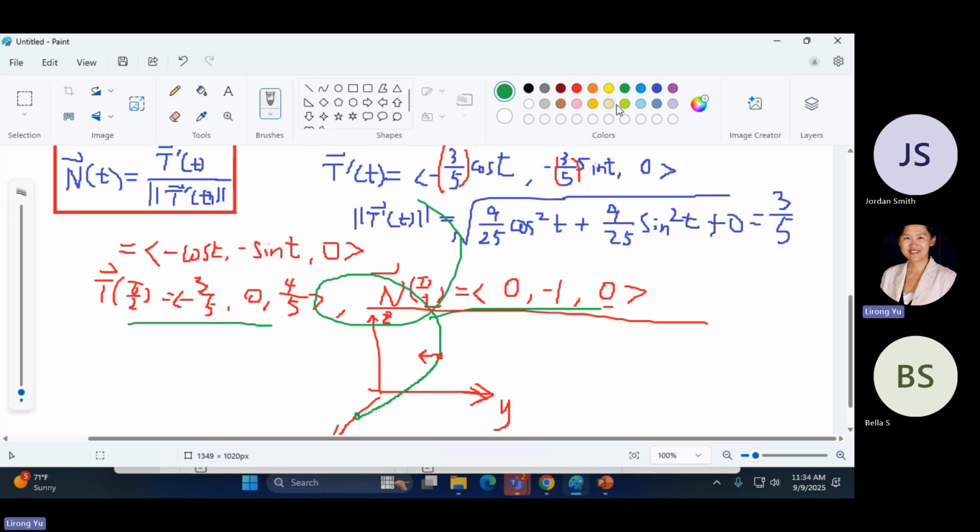On the other hand, we were supposed to draw the tangent vector. You can see how the curve goes. So it's going -3/5 unit in the x direction, 0 in the y direction, and 4/5 in the b direction.